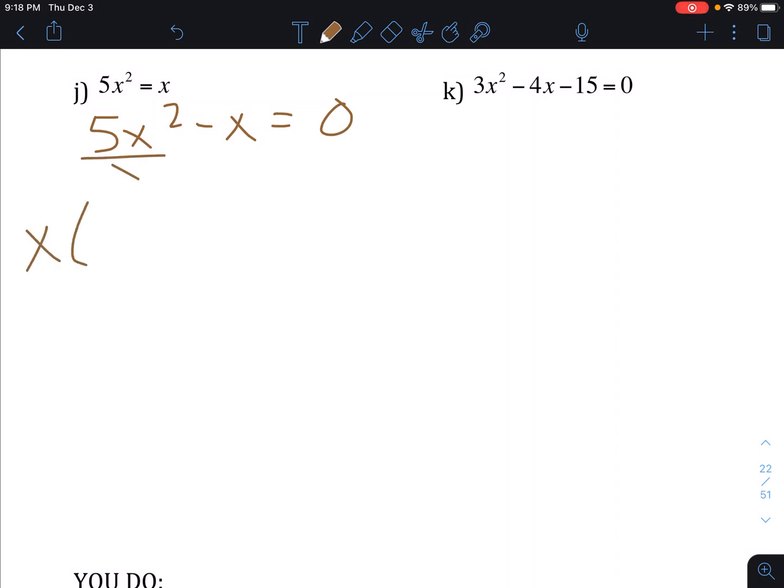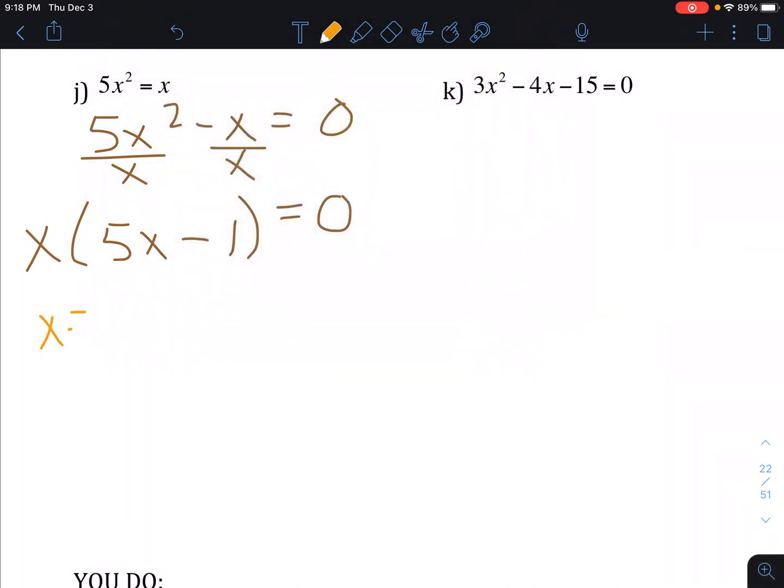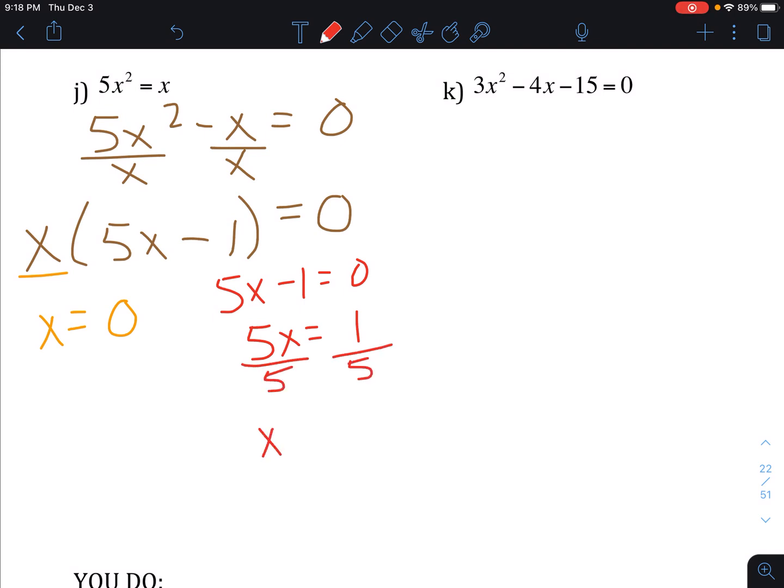And then divide by x, that'll be 5x minus 1. So now to get my two answers, my first one, x equals 0. And my second one is going to be a two-stepper. I'm going to first add 1 and then divide by 5. And I'm just going to call it 1/5.